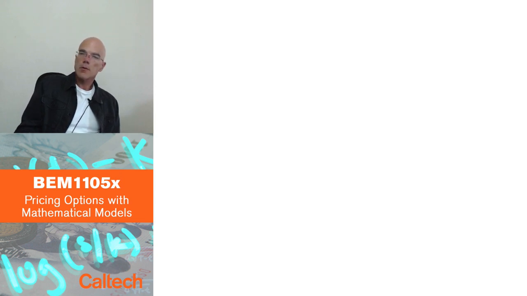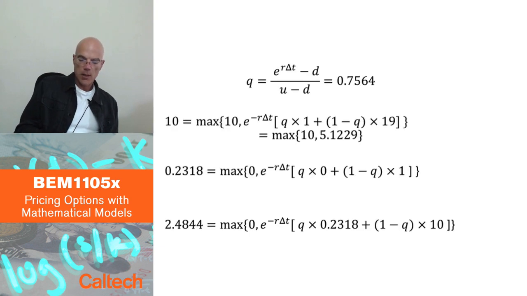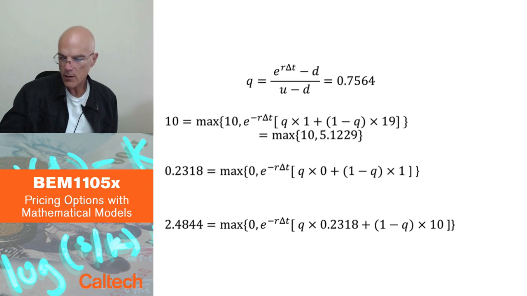But in principle, we know how to price basic vanilla options in the binomial tree. What we don't quite know is how to choose, okay, the interest rate has to be estimated. Delta t, I told you, you choose basically one day, but we don't know how to choose u and d. But that I will talk about later.